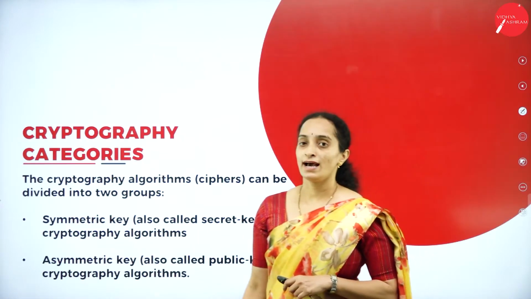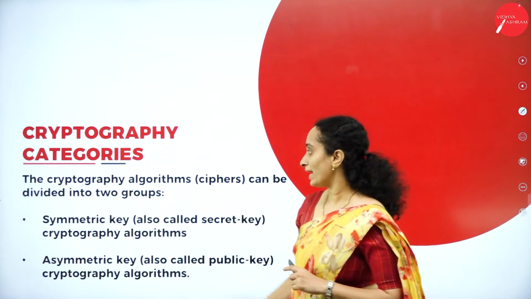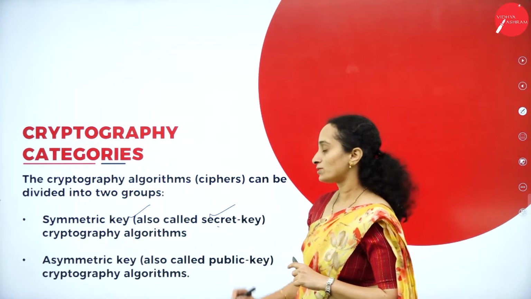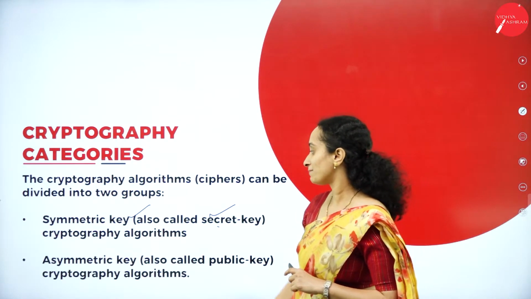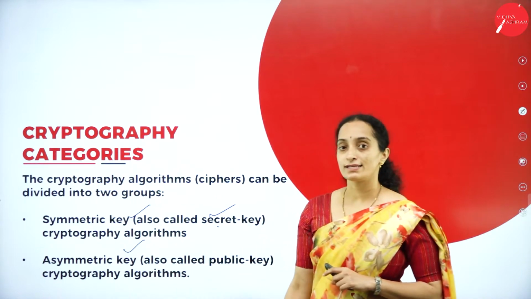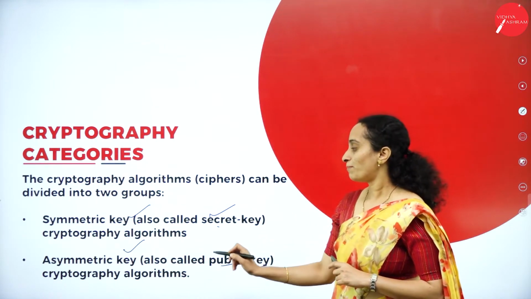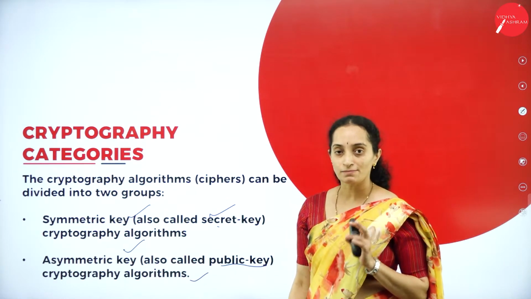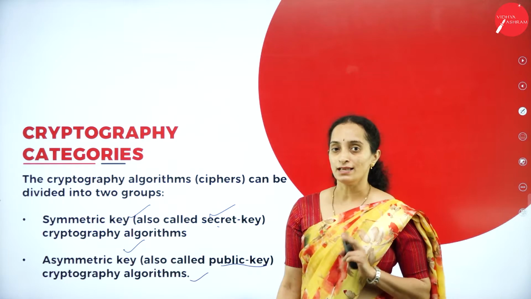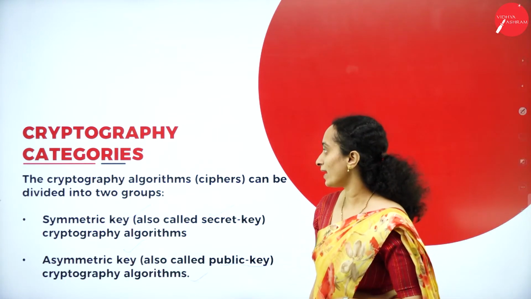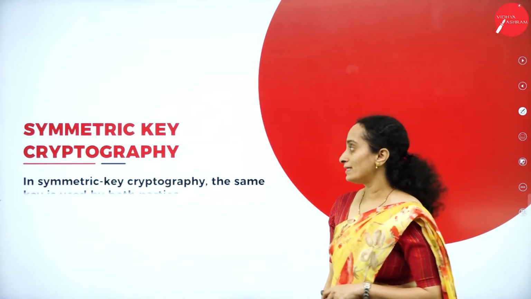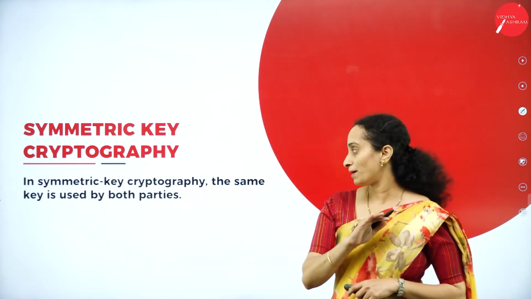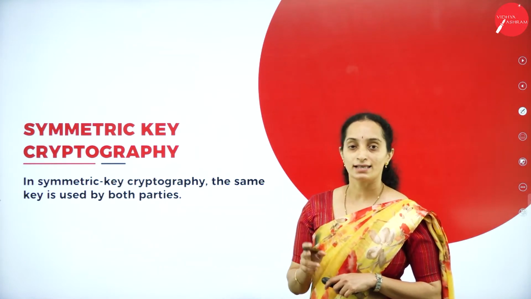We have in cryptography two types. One is the symmetric key, also called the secret key cryptography algorithm. Another one is asymmetric key or public key cryptography algorithms. In symmetric key cryptography, the same key will be used by both the sender as well as the receiver.